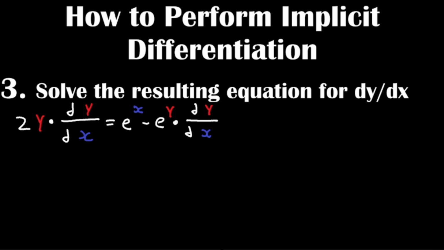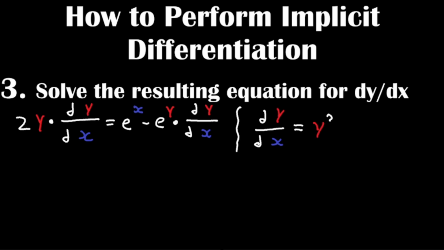Alright, so the final step: because our goal is to find dy/dx in the end, what we need to do is algebraically solve for dy/dx. Now, I just like to note that dy/dx is the same thing as y prime.